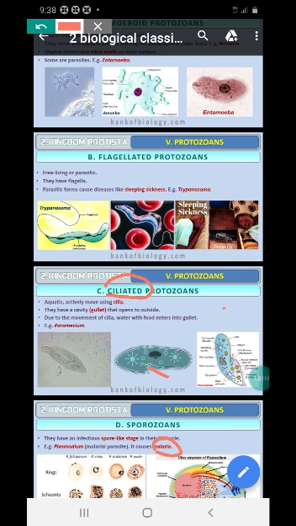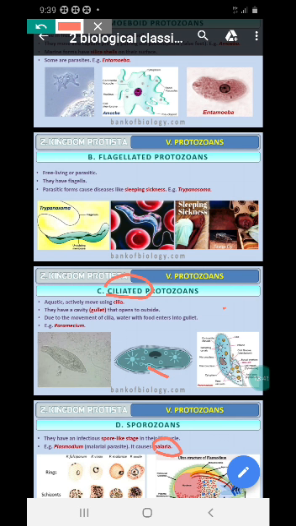Now when it bites human beings, it enters our body as sporozoite. It travels to many areas in our body and it transforms and produces many stages. When it is again bitten by a mosquito, and the mosquito bites another person, it is transferred to another person.